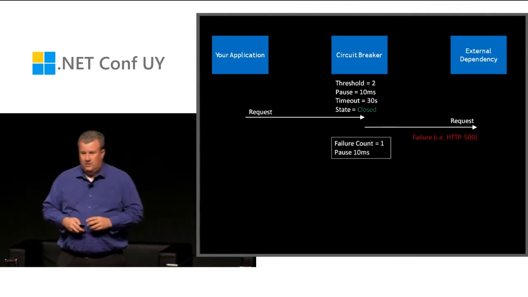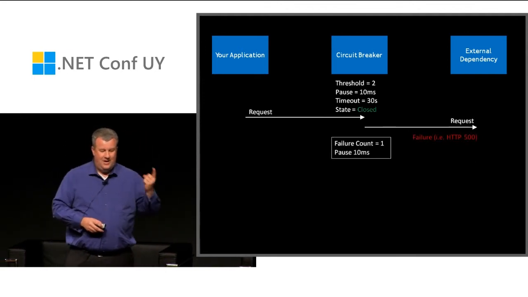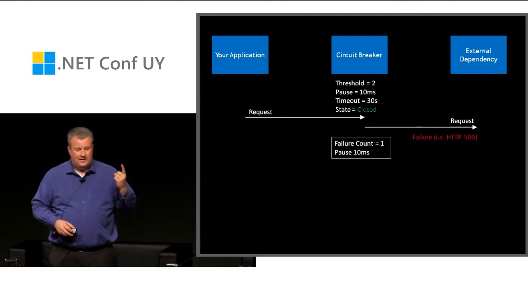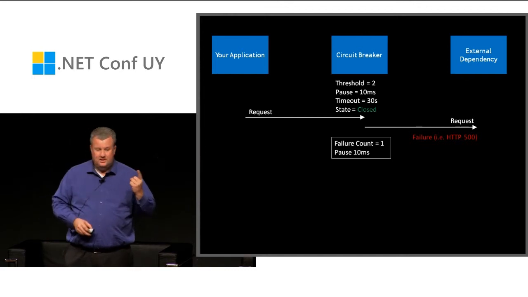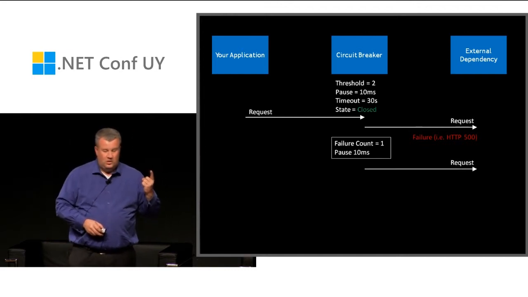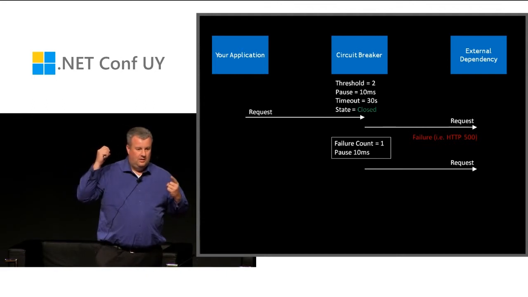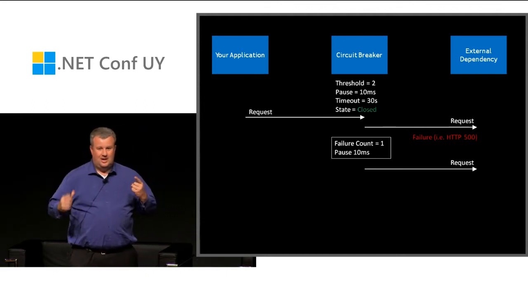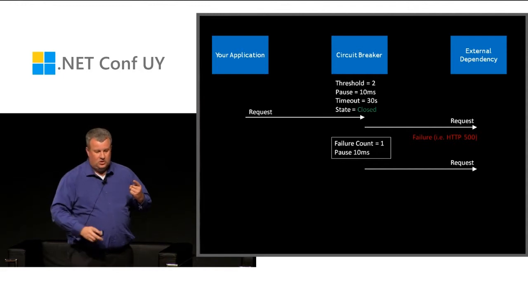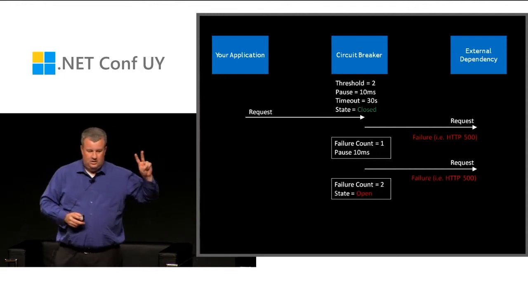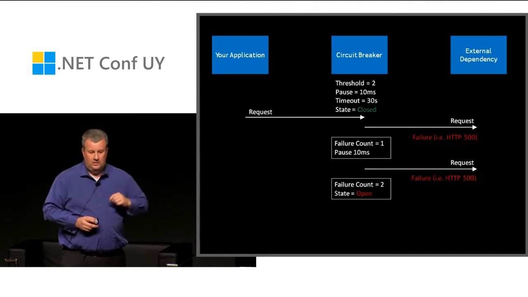So the request goes to the web API. It fails. We now have a failure count of 1. We wait for 10 milliseconds because that's what our pause period is. We try again. You notice it doesn't go back to our application. The circuit breaker says it's time to try again. So it tries again, fails. We've got 2 failures. 2 failures is our threshold.